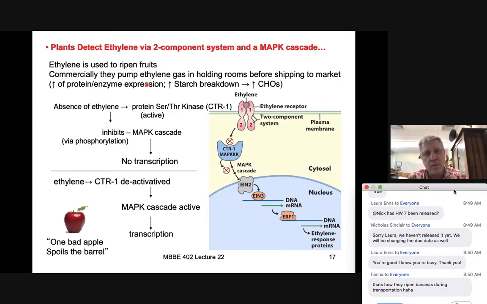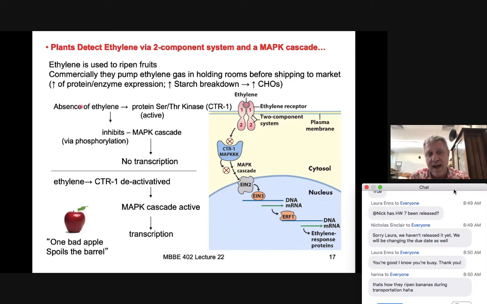Commercially, we pump ethylene gas into holding rooms before shipping fruits like bananas to market, and this increases protein expression and breaks down starches into carbohydrates. And in the absence of ethylene gas, like those green plastic bags you can put your fruit in, they basically prohibit the transcription of those enzymes that would normally be breaking down the starches to give you that rotting process.